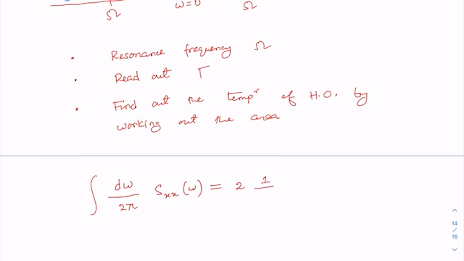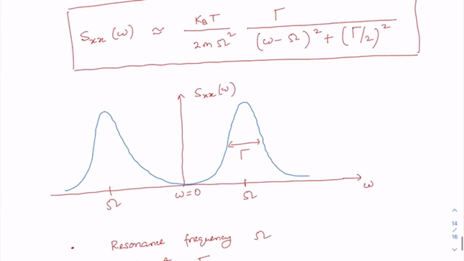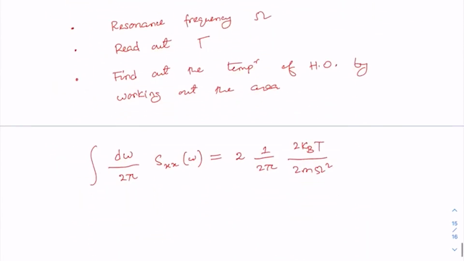Then I have 1 by 2 pi, times 2 kBT by twice m omega squared, from this expression here, times the integral from minus infinity to plus infinity of d omega gamma divided by (omega minus capital Omega) squared plus (gamma by 2) squared.